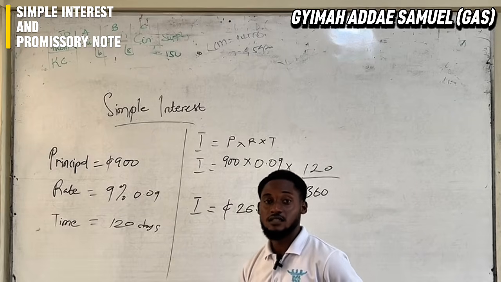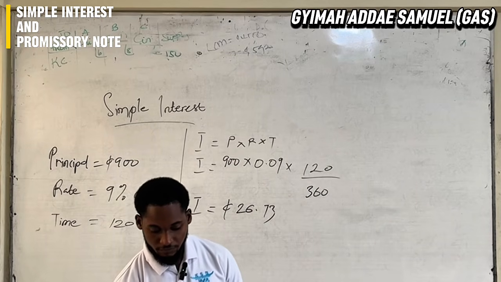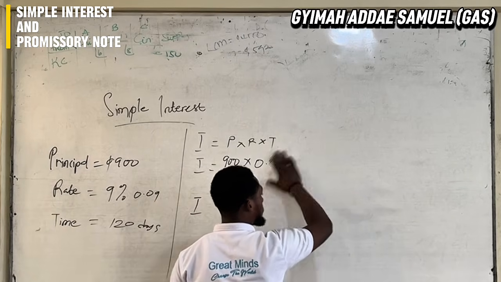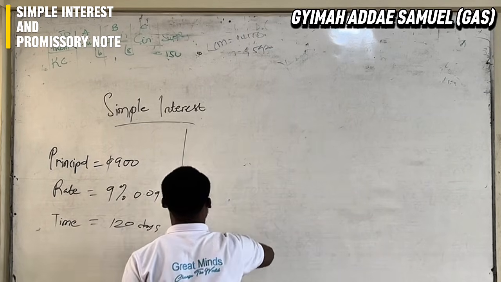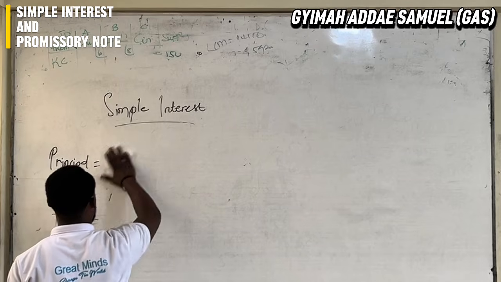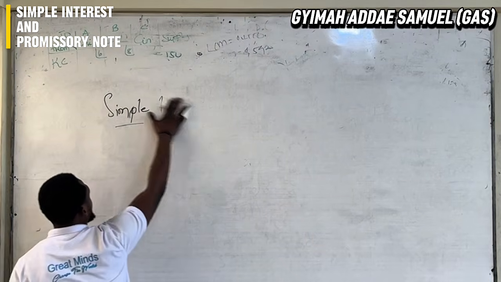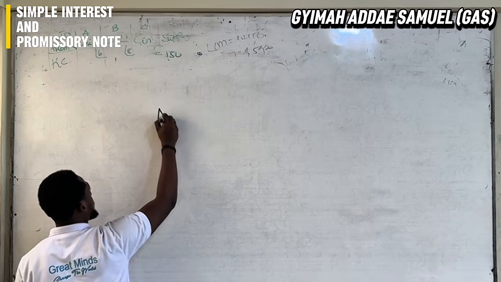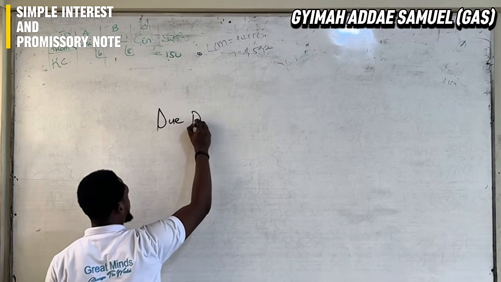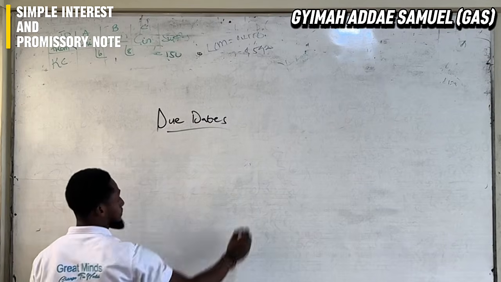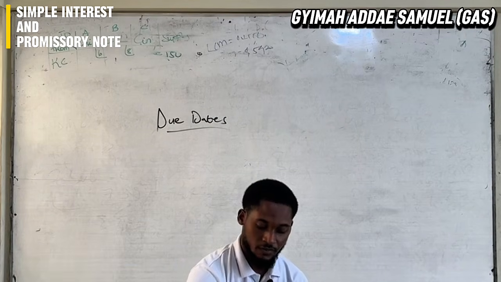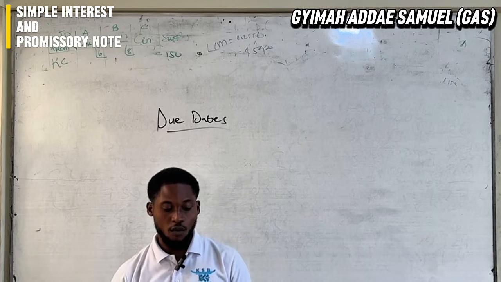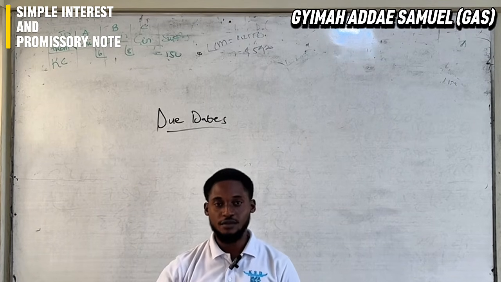We move on to calculating due date. The due date of a loan is the day the amount or maturity value of the loan is supposed to be repaid.